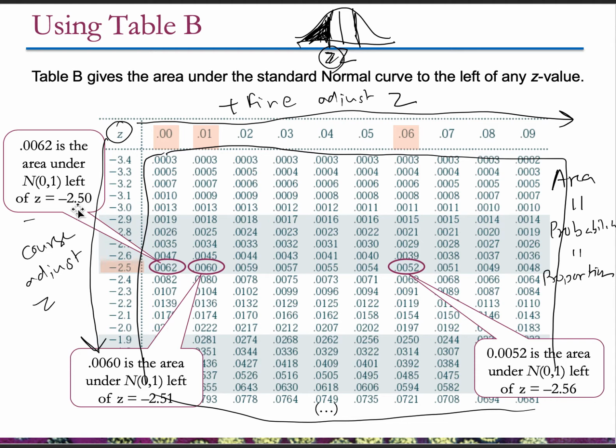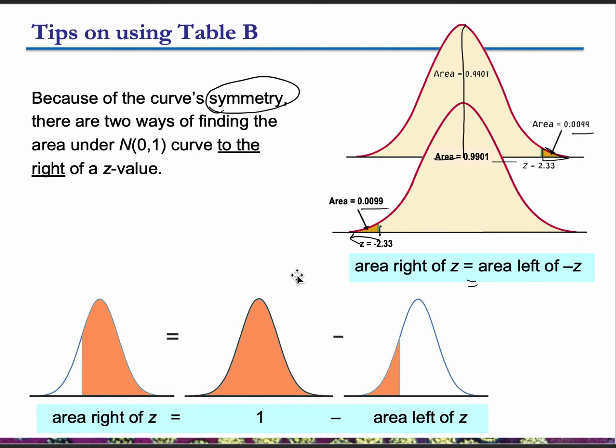So 2.3, you can look at z 2.3, it is right here, and we want to look at 2.33, so the second decimal should be 0.03. So go all the way horizontally in that same row, and you can find that that is the corresponding area, 0.0099, and that's how we get this area here.